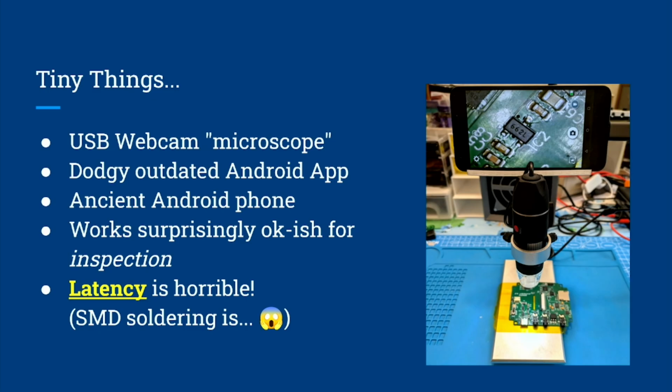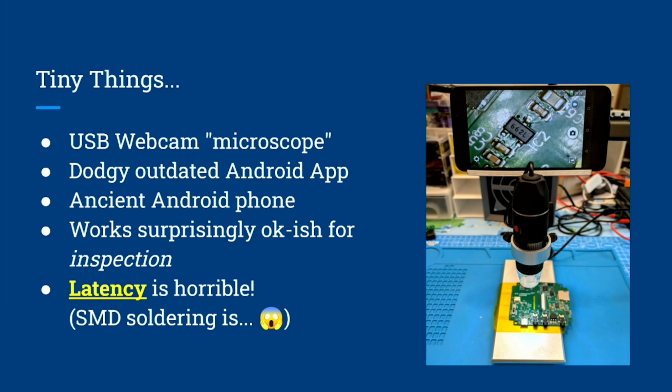So having to inspect tiny SMD components, my eyesight's not very good. I'm quite short-sighted and astigmatic, so seeing little things is hard at the best of times. I rigged this up with one of these cheap $30 USB "microscopes," in quotes, off Amazon.